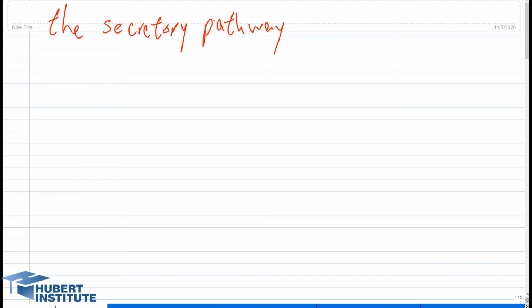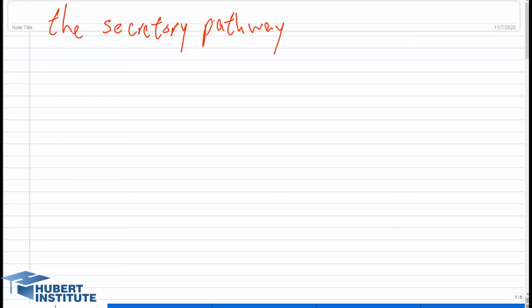But you might be thinking, how does a protein know that it's supposed to follow the secretory pathway, and therefore that it should be synthesized in the rough endoplasmic reticulum as opposed to the cytoplasm? The answer to that question is that all proteins begin to be translated in the cytoplasm.